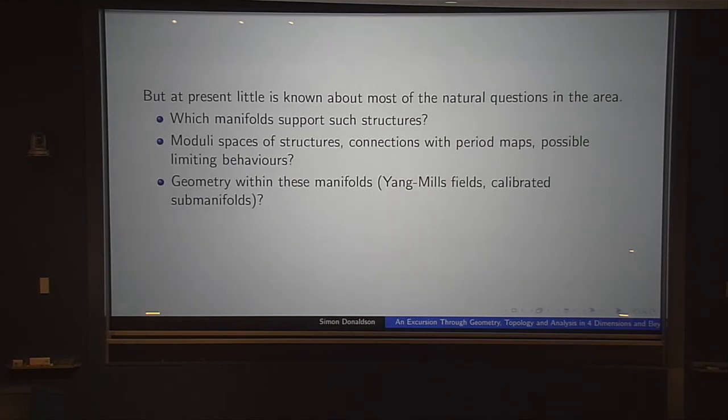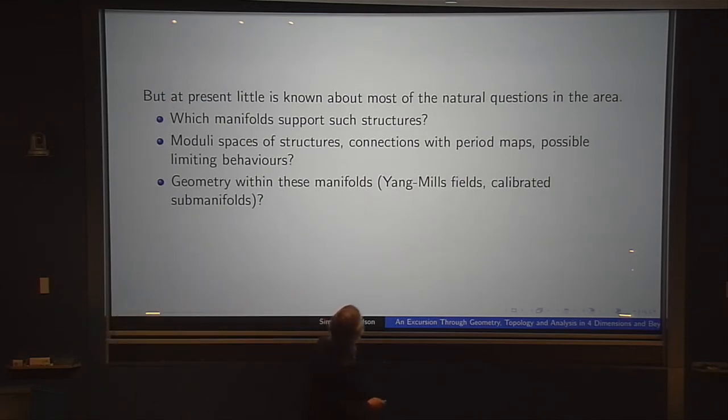If we asked which 7-dimensional manifolds or 8-manifolds support these structures, then really no one knows. Once we have one, then again we have a whole moduli space of them, as in the K3 case, and this is related to certain periods, again, that we can write down. But how to describe the whole moduli space, what kind of limits one can get, very little is systematically known.